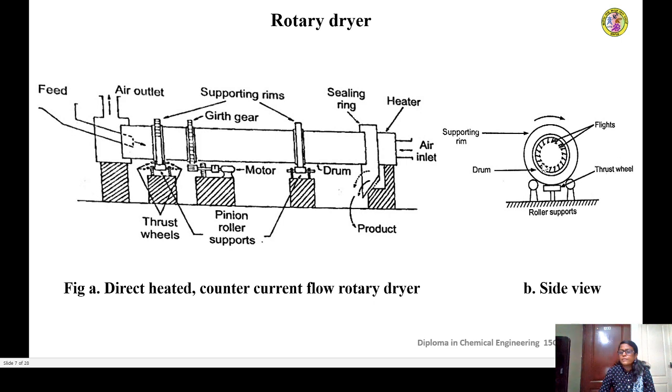So they help in lifting the material to the top, and from there showering it down into the gas stream, thereby establishing a proper contact between the material and the drying medium, so thereby help in reducing the moisture content to the required extent with the minimum utilization of energy.